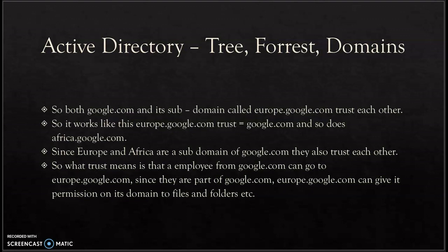So it works like this: europe.google.com trusts google.com, and so does africa.google.com. Since Europe and Africa are the subdomains of google.com, they also trust each other.